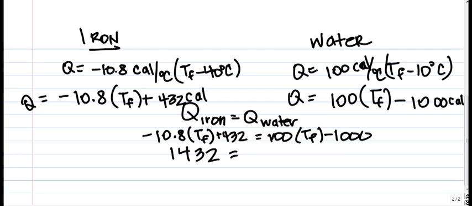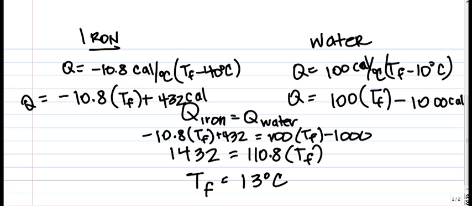So I get 1,432 is equal to 110.8 times T final. Finally, when you divide both sides by 110.8, you get that the temperature of the system is going to come to approximately 13 degrees Celsius.